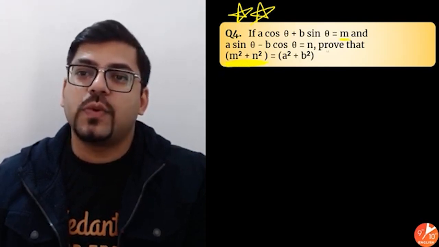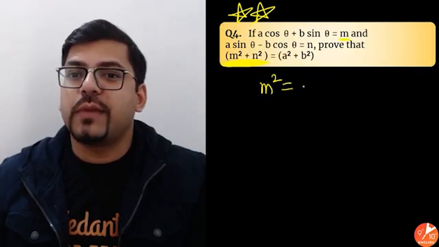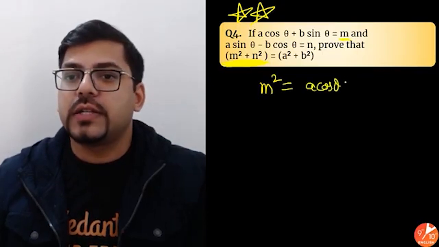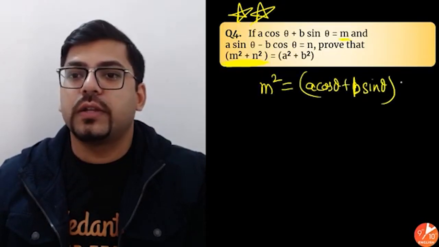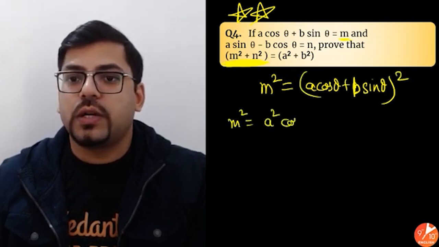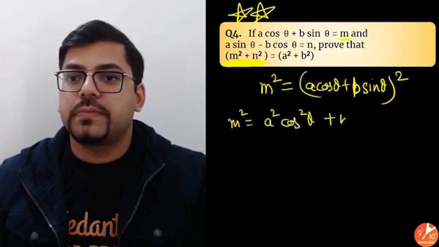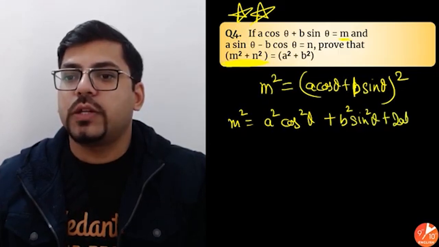So I have m, and I need to do the square of it. So m square equals (a cos theta plus b sin theta) whole square. If I do this, m square will be equals to a square cos square theta plus b square sin square theta plus 2ab sin cos.